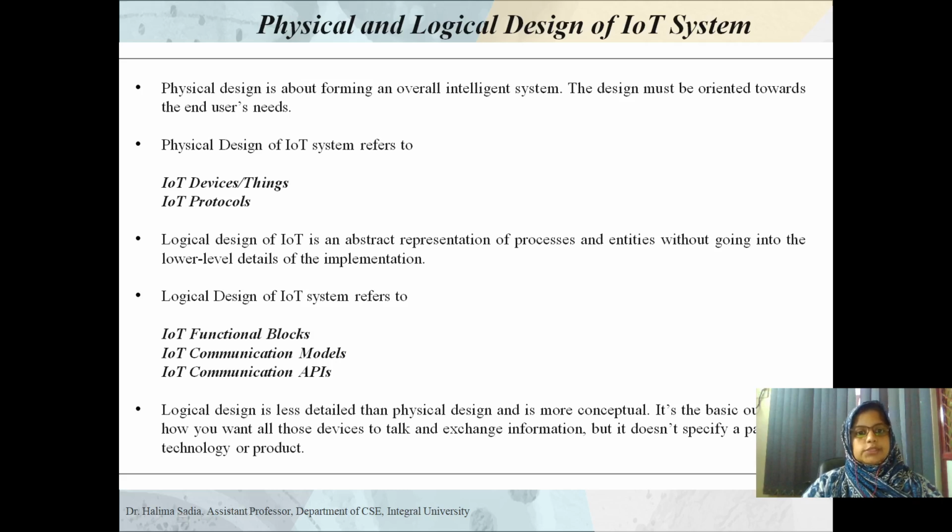However, the protocols are used to establish the communication between these node devices and servers over the internet. The things can be anything that operates or functions by electrical and electronic means.